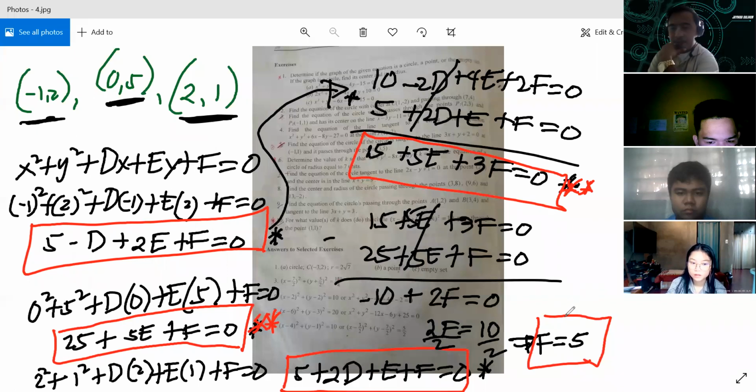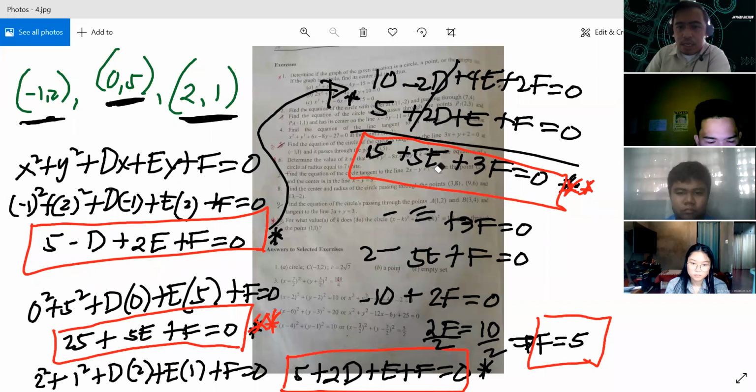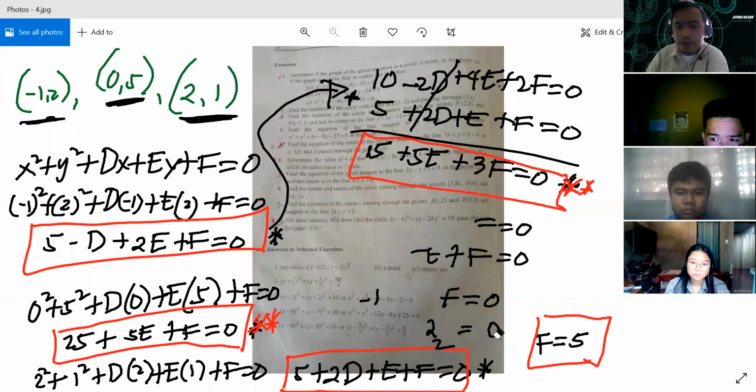Question. So what we need to find now is D or E. How to get either E or D by using only F. So we can use this equation by solving for E, by substituting the value of your F. So your F is equal to 5.